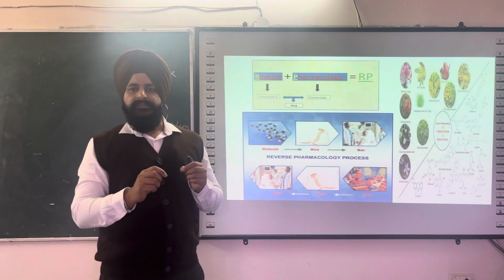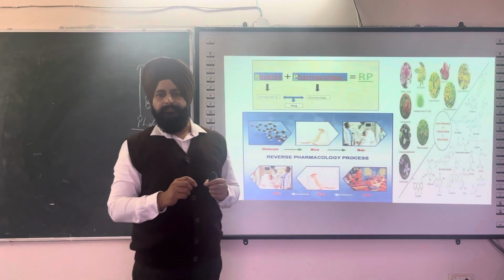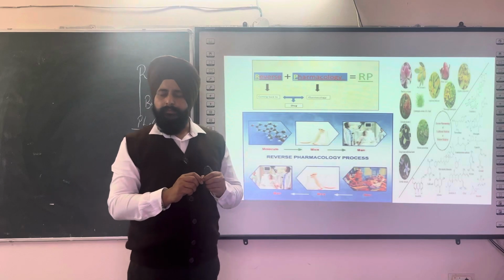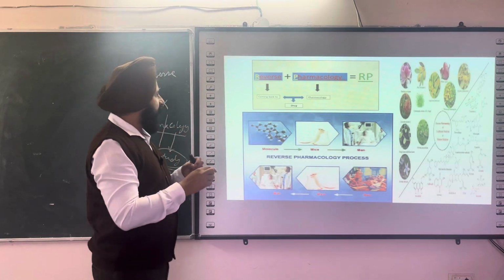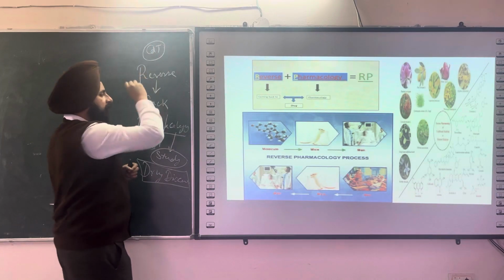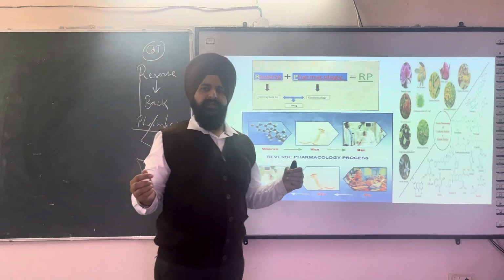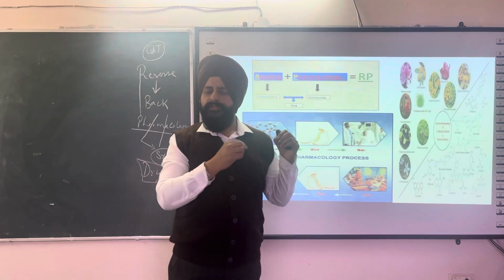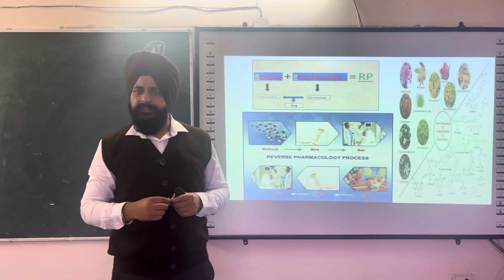There are a lot of examples I can discuss with you. There are so many drugs which are found to increase QT intervals. It means a number of drugs are known to interfere with the QT interval.